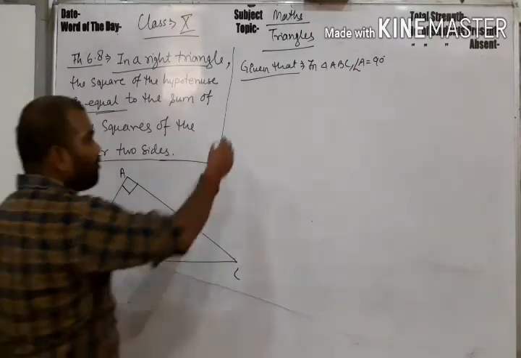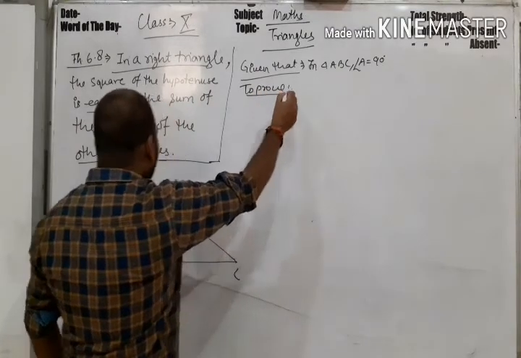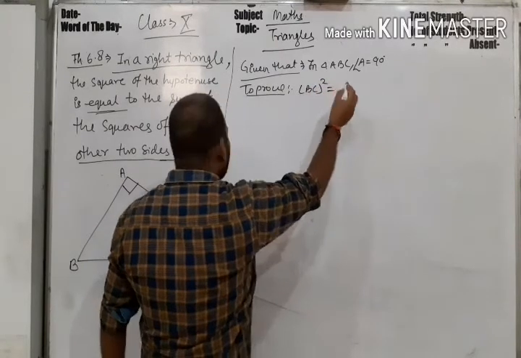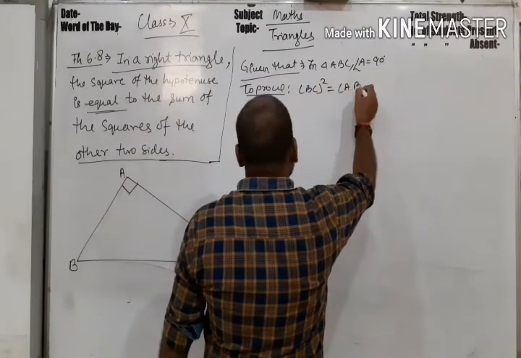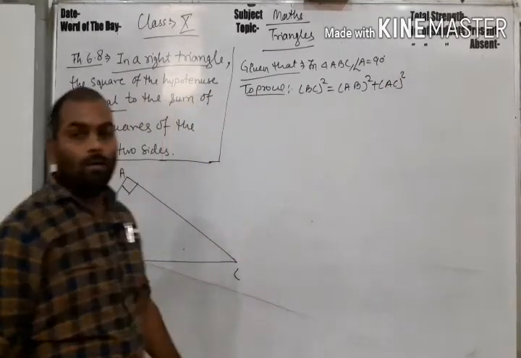What we have to prove is that the square of the side BC is equal to the sum of the squares of the other two sides, AB plus AC.